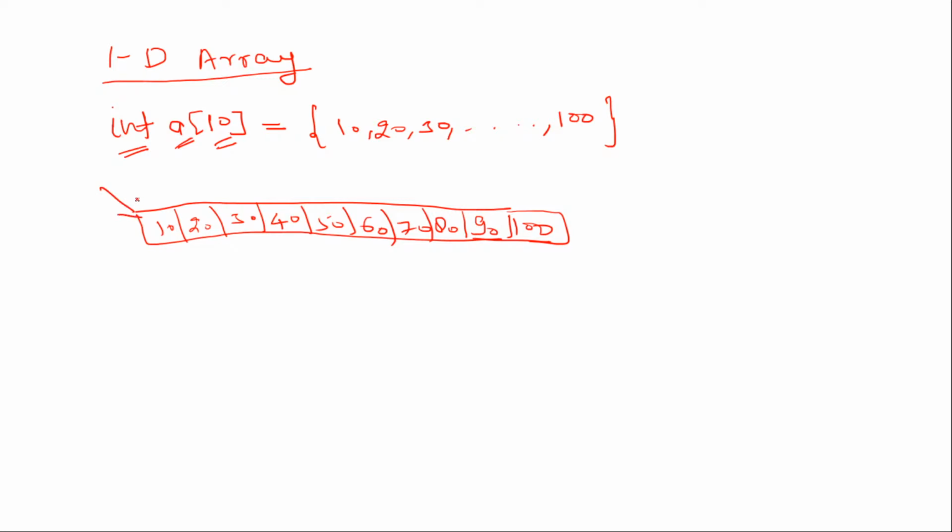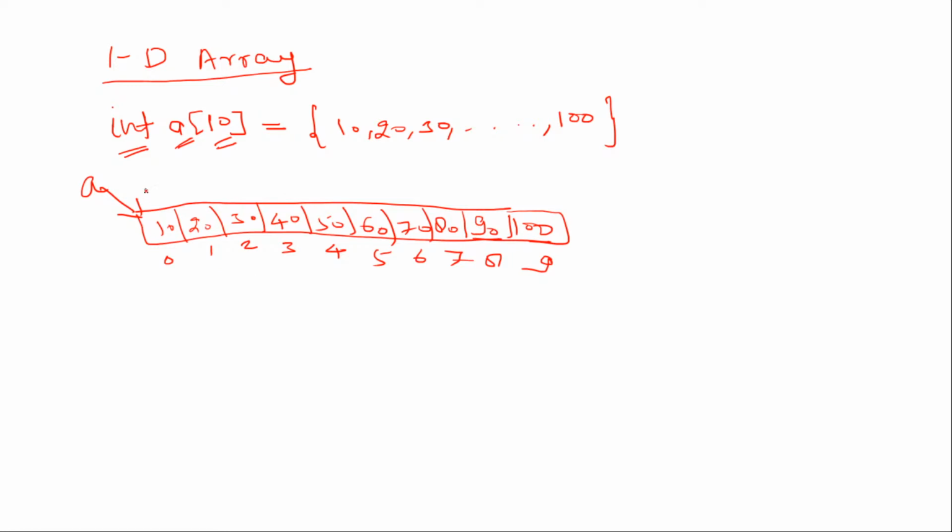So this is the array, 1D array. Array name is A, right? And by default array starts from 0: 0, 1, 2, 3, 4, 5, 6, 7, 8, and 9.